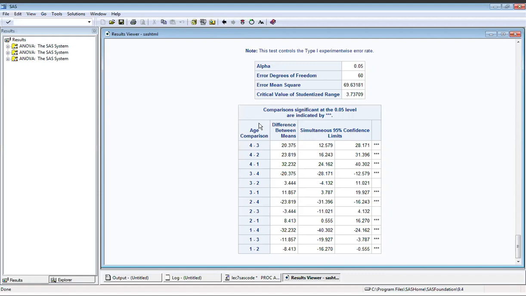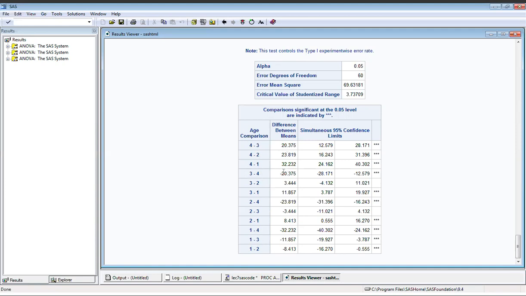And the second table gives you all the pairwise comparisons. As I said, the unique number of pairs is 4 choose 2, equal to 6. So this table actually includes some redundant information. For example, the comparison between group 4 and 3 is the same as the comparison between 3 and 4.